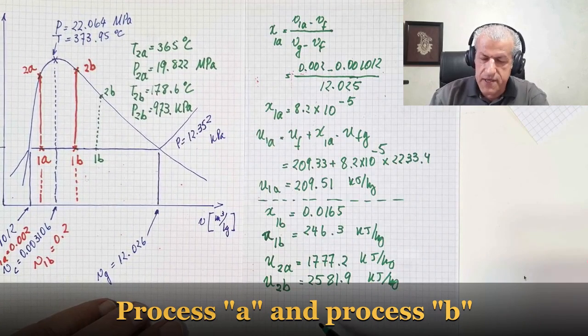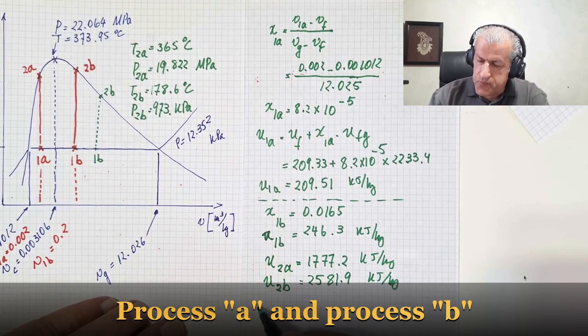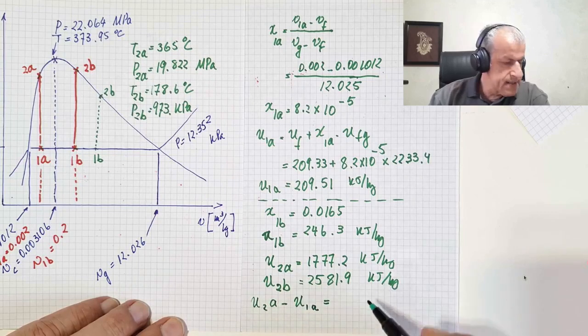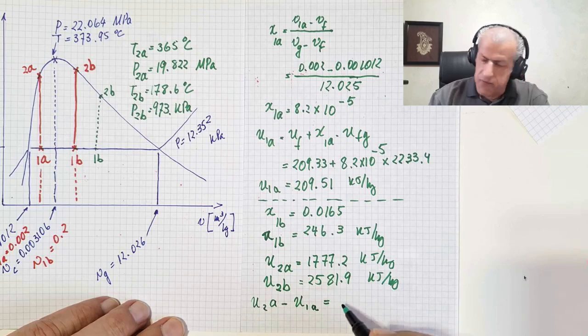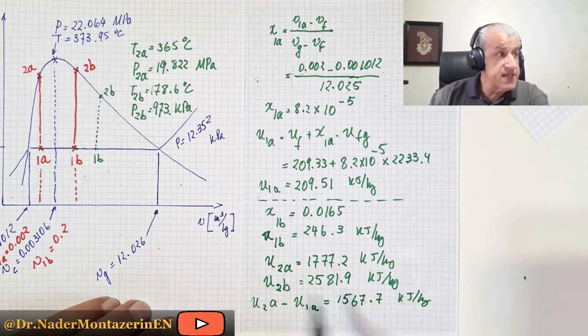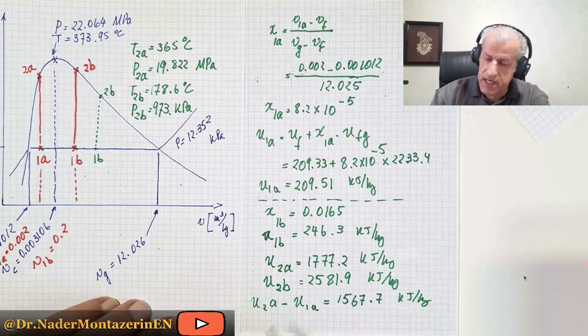And for property A, U2A minus U1A equals 1567.7 kilojoule per kilogram. This is the change in energy here.